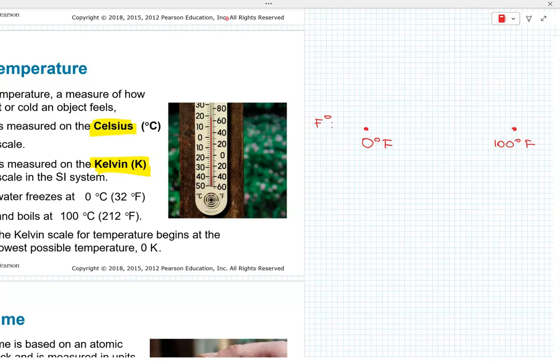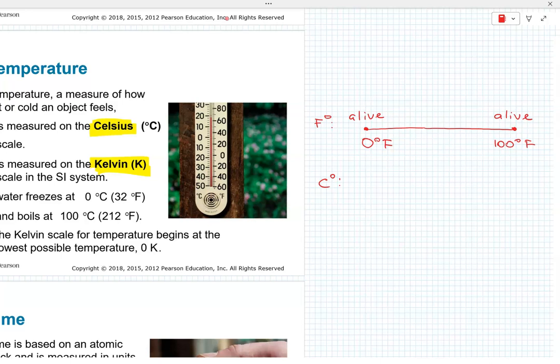If you would step out, you'd be fine, right? And if you would step out in 0 Fahrenheit, appropriately dressed, would you be fine? More or less. Right? Cool.